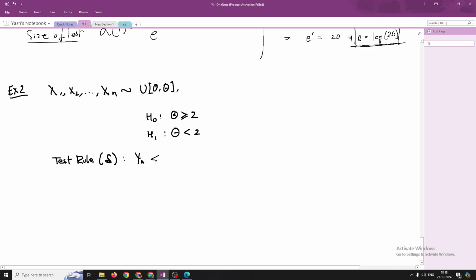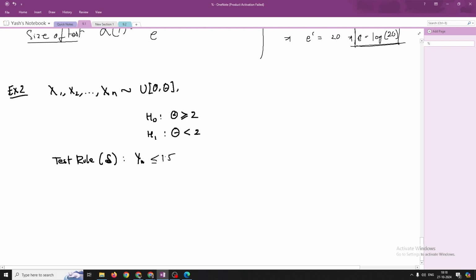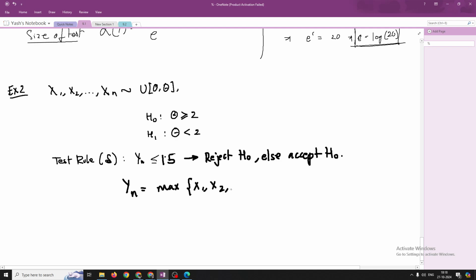So if this Yn is less than or equal to 1.5, then reject H naught, else accept H naught. So this is the rule that we follow, where what is Yn? Yn is just the maximum of the sample values, right?